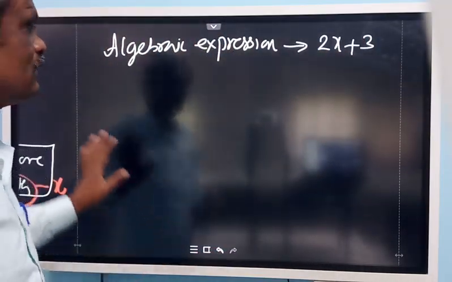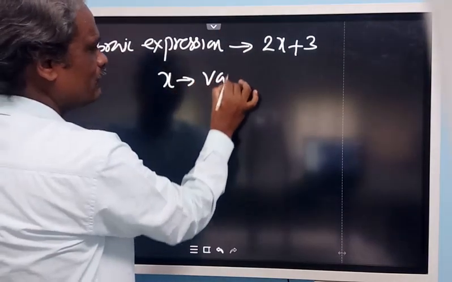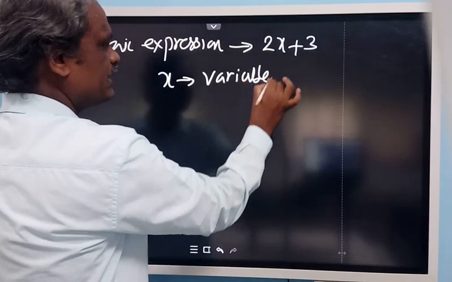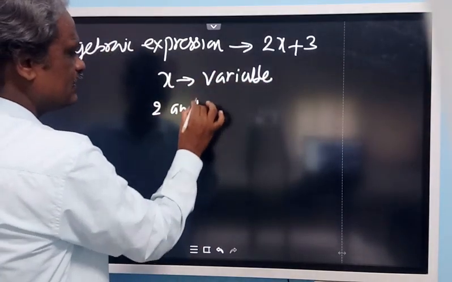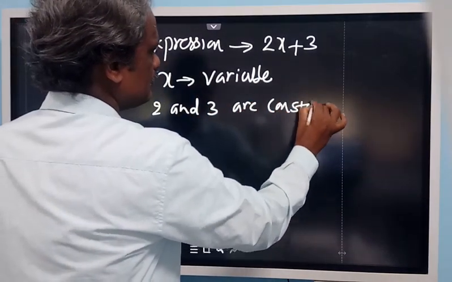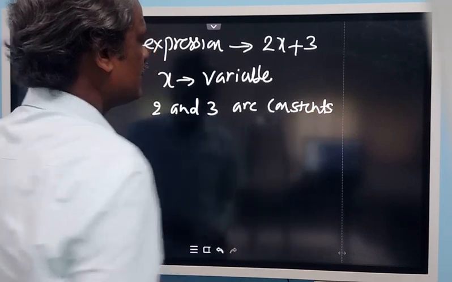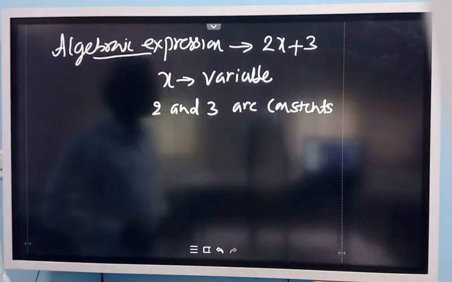Here we are using the variable x. x is a variable, and 2 and 3 are constants. We are using variables and constants and forming algebraic expressions.